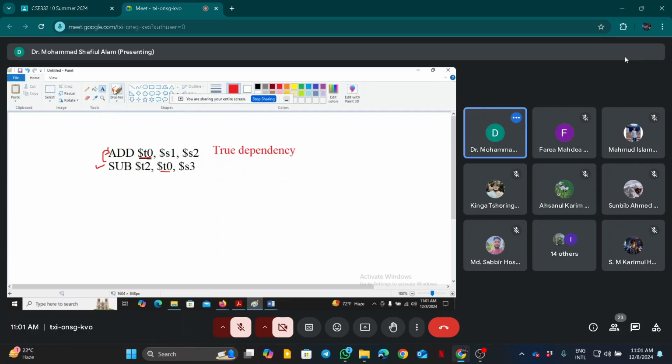It means in order to avoid this hazard, the operand for the next instruction, we should read after the write operation. Write means after this result is saved. So save means write. So the hazard is called read after write.